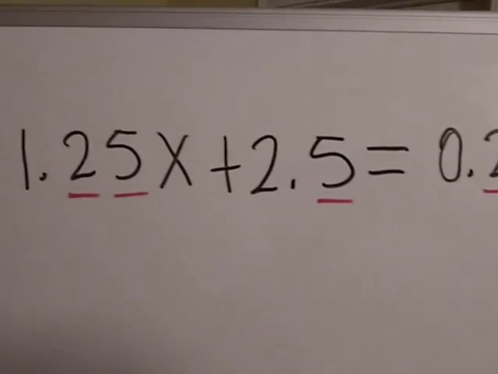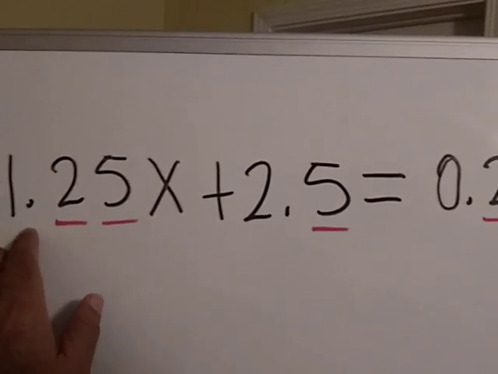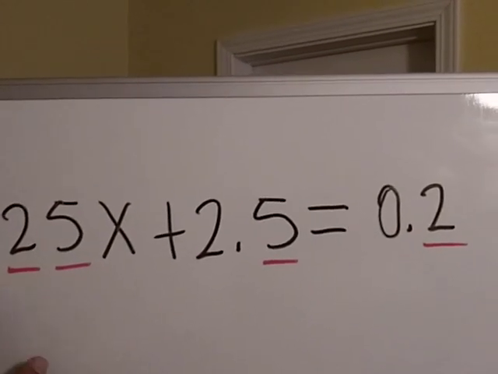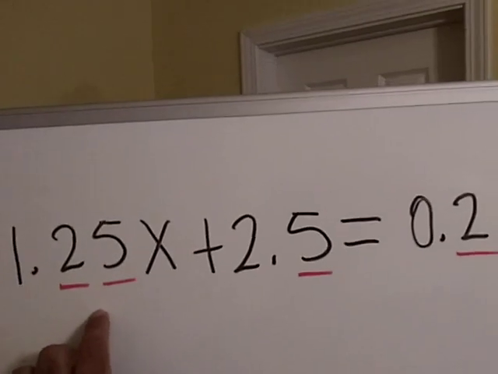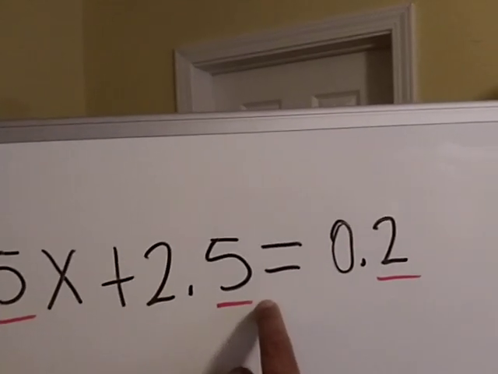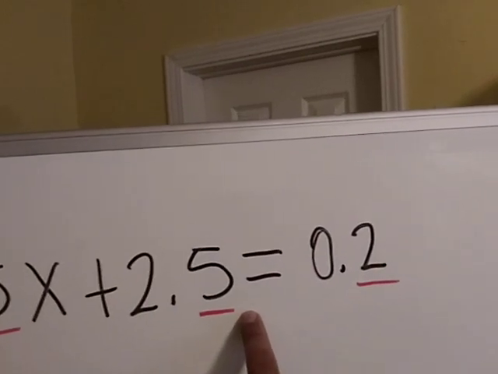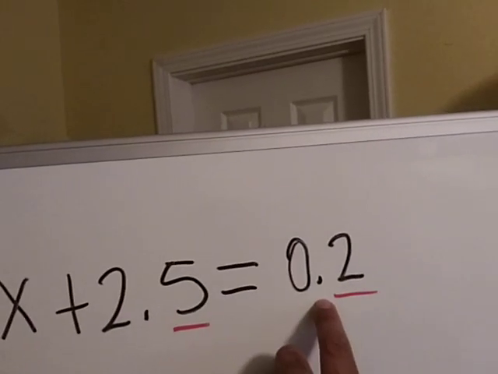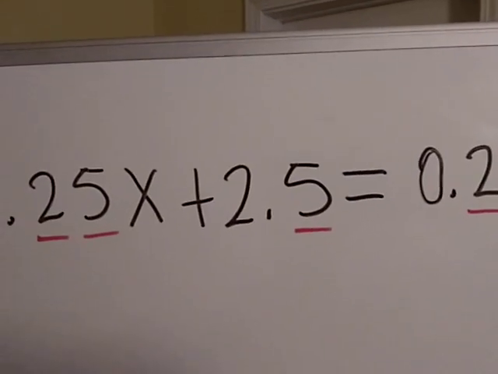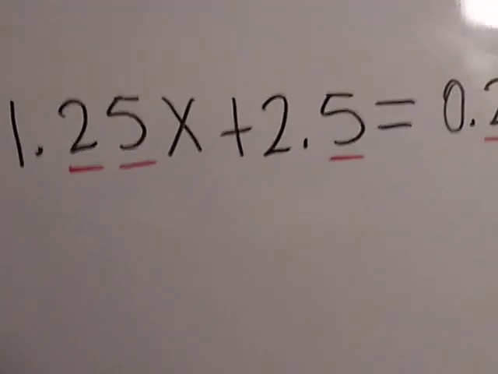If we were to just move the decimal one place, it would still give us a decimal. It would be 12.5x plus 25, because we would move the decimal to the right of the 5. Again, we need to clear the entirety of that decimal point.